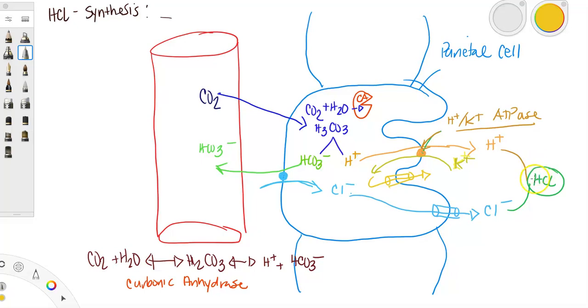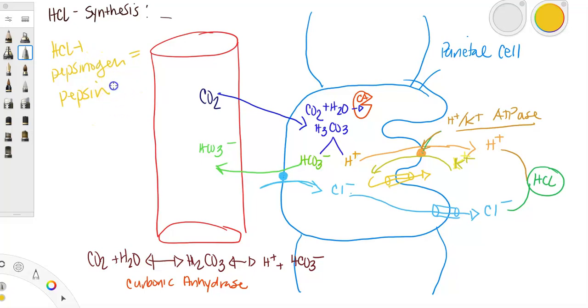Must have hydrochloric acid in the stomach. Why? Because hydrochloric acid, don't forget, hydrochloric acid plus pepsinogen equals pepsin. Pepsinogen is just not active.